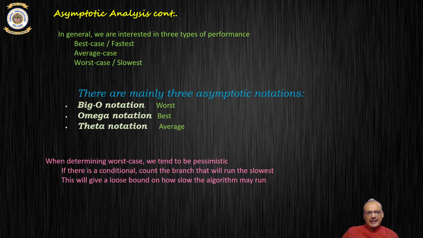However, practically it is not required, and many times it might not be feasible, to have an accurate idea about the best, the average, and the worst case analysis of an algorithm.